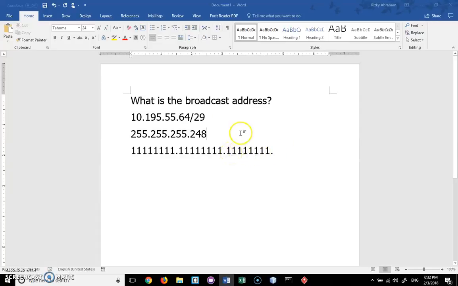So this is the mask address, so you can say it's either 29 or 255.255.255.248.